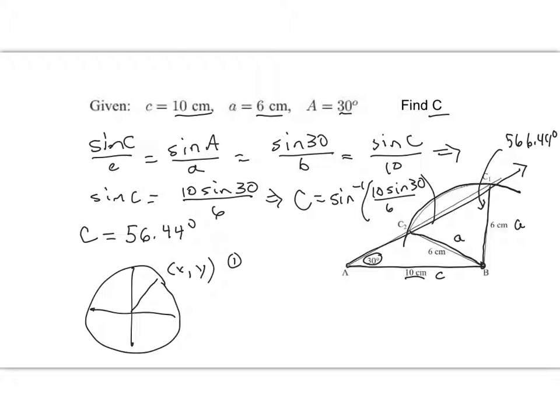Your calculator always defaults to quadrant 1. If I wanted to find the other possible angle, I'm going to need to use reference angles. So sine is positive in quadrant 2, so here I would have the same reference angle of 56.44 degrees.